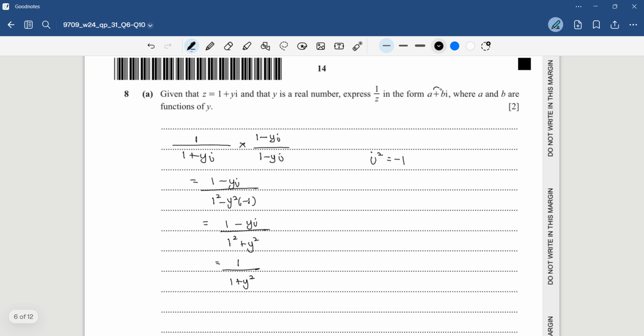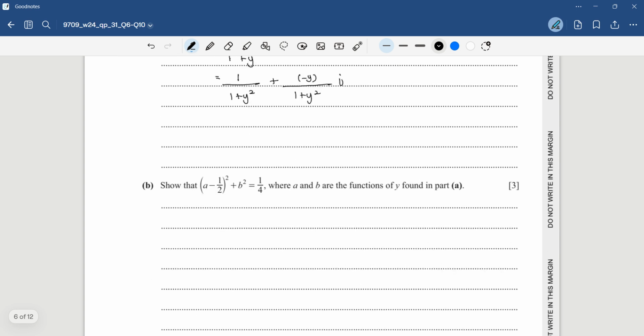And since here they give me plus, I just put plus, so it will be negative y over 1 plus y squared i. Therefore, my a is equal to 1 over 1 plus y squared, and my b will be negative y over 1 plus y squared.